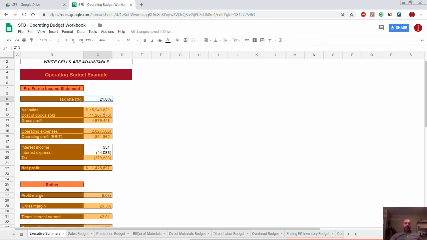Okay. And we're going to see net sales. That's going to come from the sales budget. Cost of goods sold. Okay, that comes from cost of goods sold budget, of course. See here. Net sales minus cost of goods sold is gross profit. Operating expenses comes from the SG&A budget. Okay, gross profit minus operating expenses gives us our operating profit.